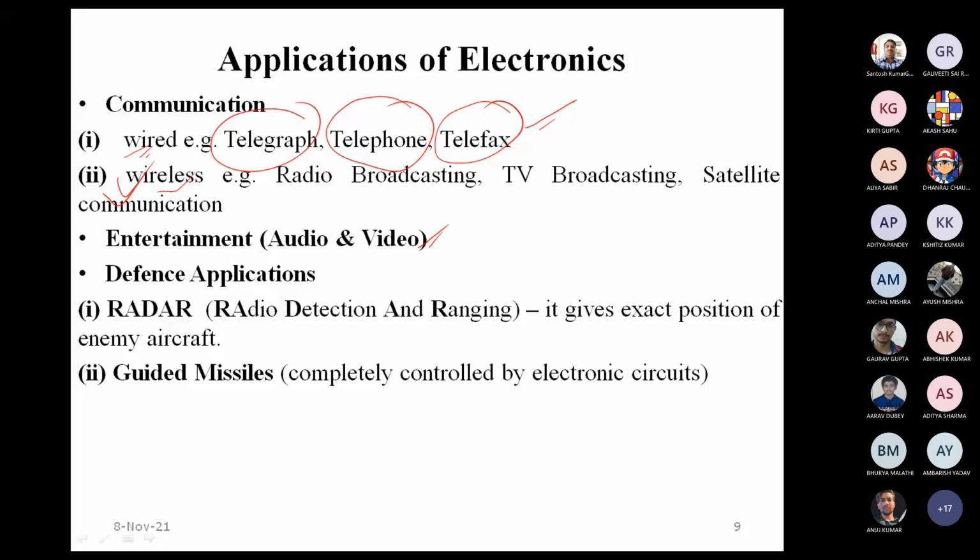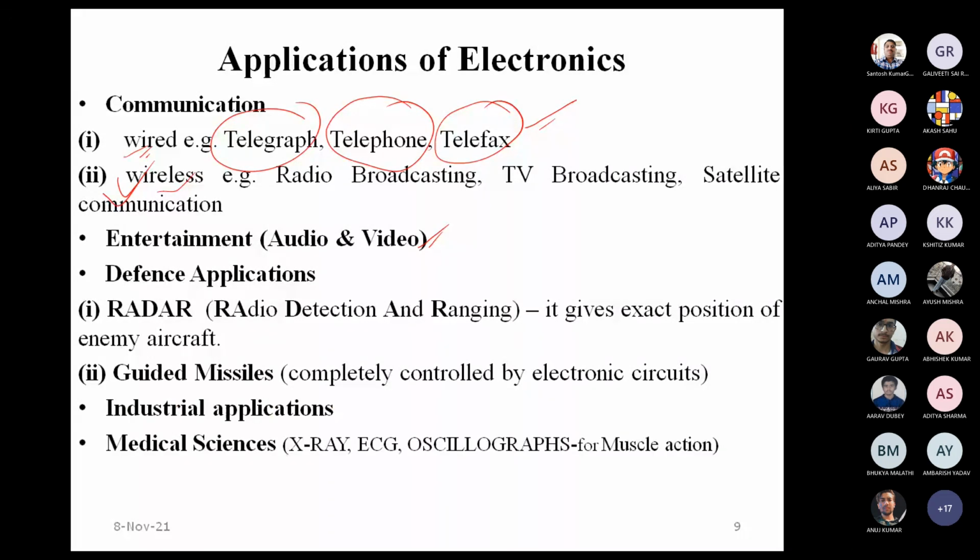So in entertainment, in defense, there are several applications of these electronics we will find everywhere. That's why this electronics subject is going to be very, very important. Even nowadays, if you see the central government, they are also focusing on electronics.